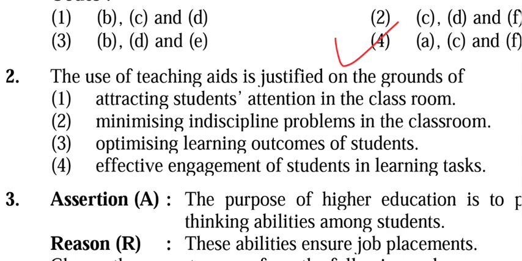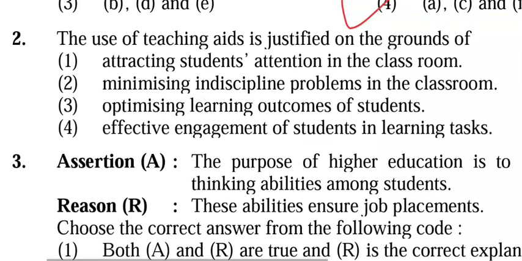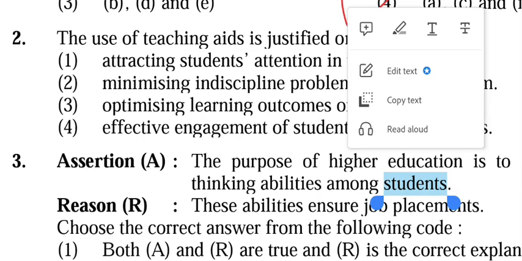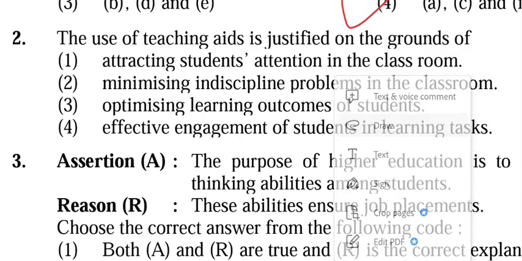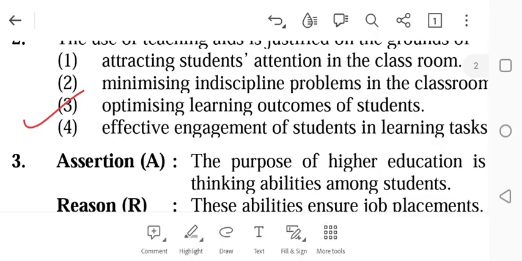What do you think? Choose one option inside your brain, and now I will tell you the correct answer of number 2 will be: the use of teaching aids is justified on the grounds of optimizing learning outcomes of students. That means number 3. Number 3 is the correct option.